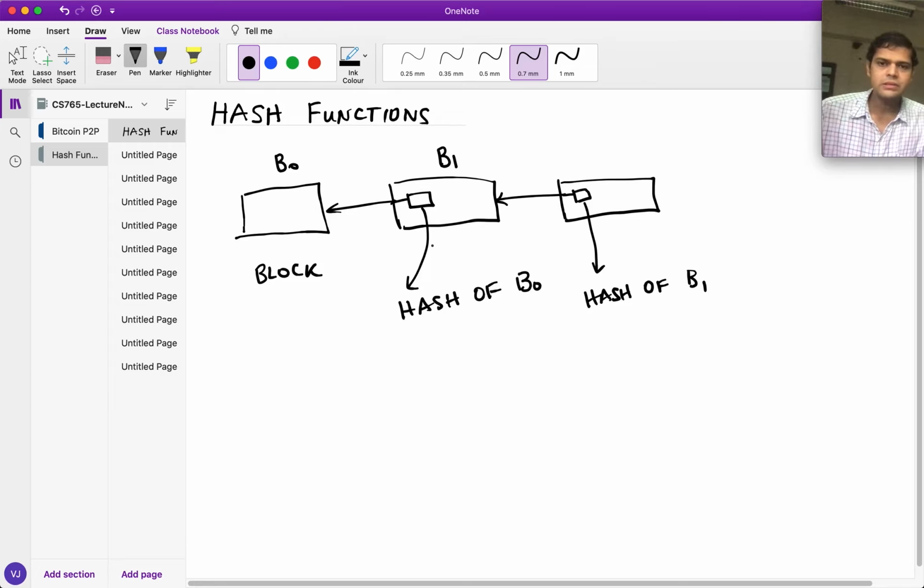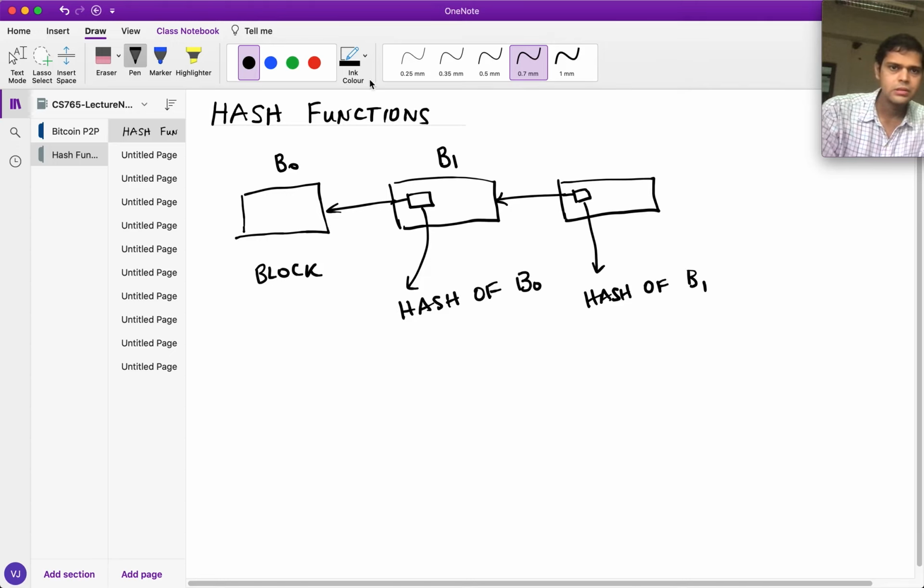And we said these hash values act like a locking mechanism, in that if you try to change any bit in B1, then it's very easily recognizable that the hash of that new block will not match with the hash stored in the next block.